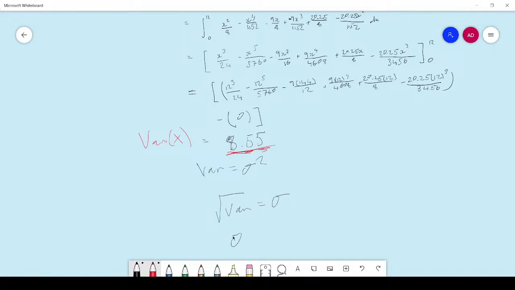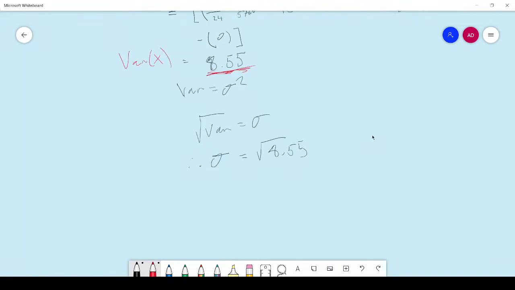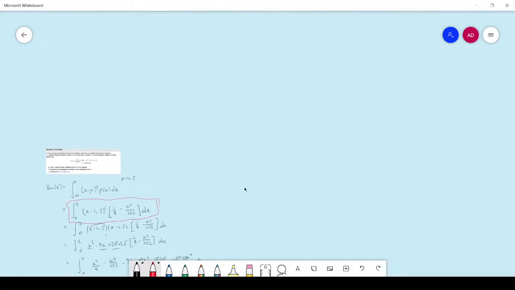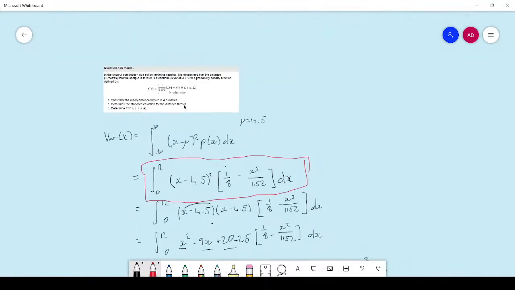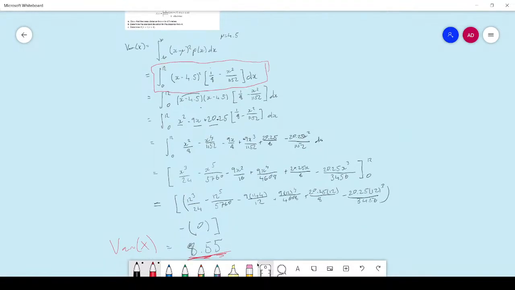So sigma equals the square root of 8.55, which means in this case sigma equals 2.924. So that should be our answer for part B. Sigma equals standard deviation, which is 2.924 per throw.